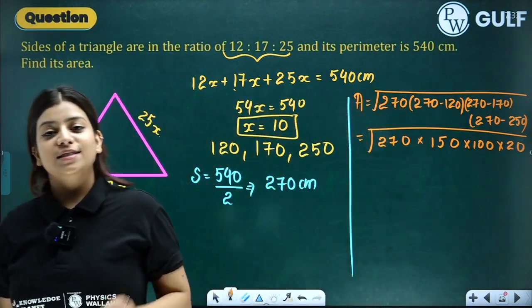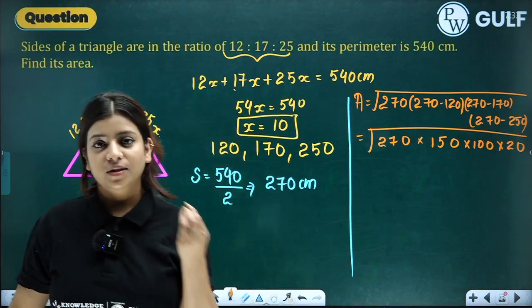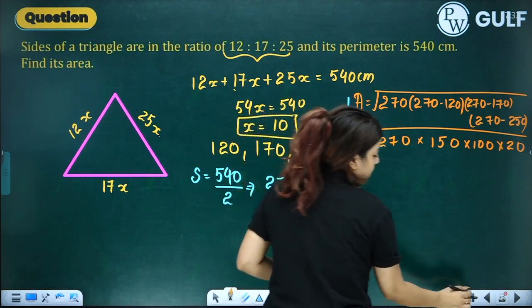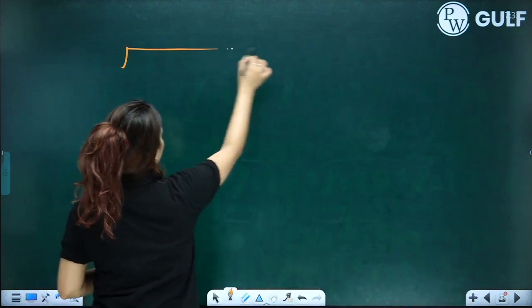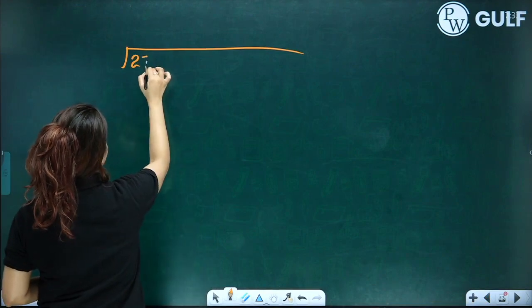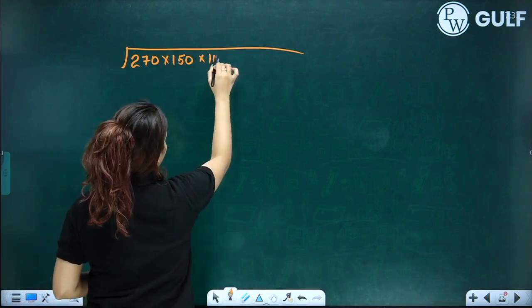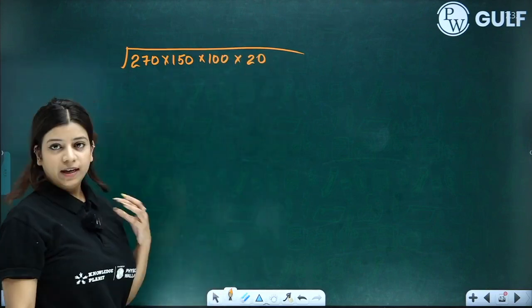Now again, instead of multiplying, try to factorize it in such a way so that we can take numbers out of the under root. So right, so what we have? Over here we have 270 into 150 into 100 and into 20. So these are the numbers that we have.